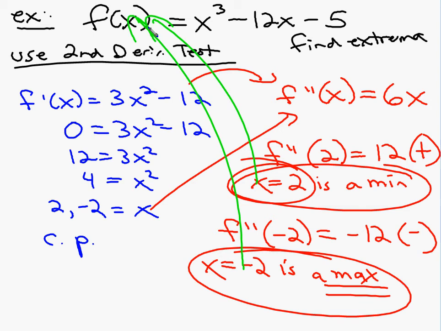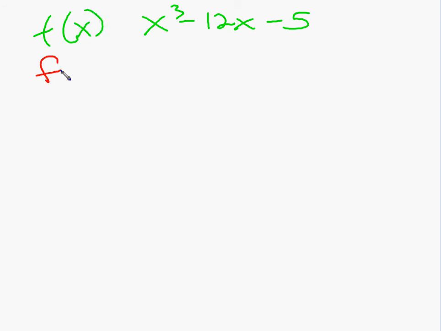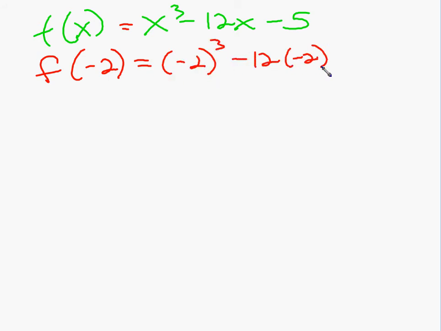F of negative 2, let's see, my function is x cubed minus 12x minus 5. That's my original function. So if I want to find the maximum value, I plug in negative 2. So that will be negative 2 cubed minus 12 times negative 2 minus 5.